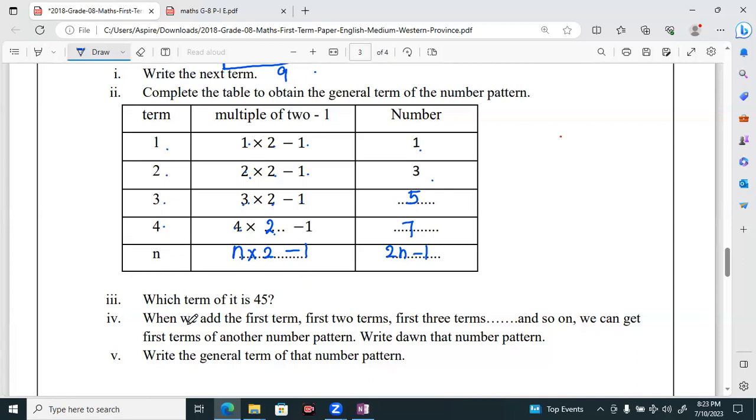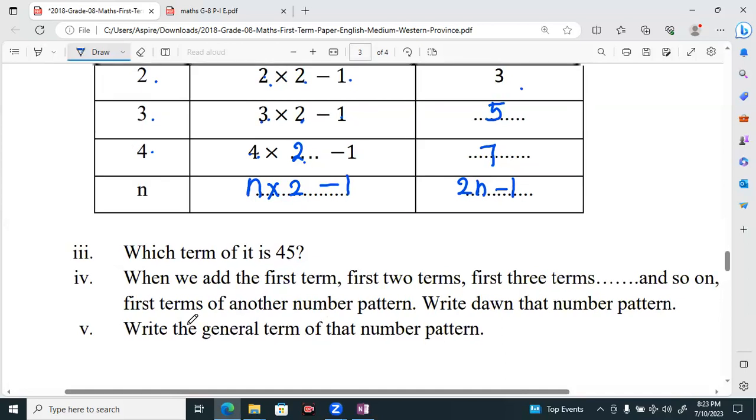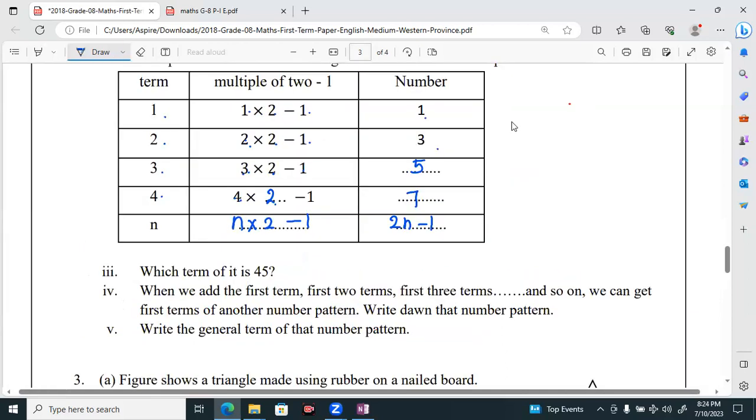Okay. Which term of it is 45? It asks which term 45 is. 45 equals 2n minus 1. Let's take it the other way: we equate the general term to the given term. 2n minus 1 equals 45.